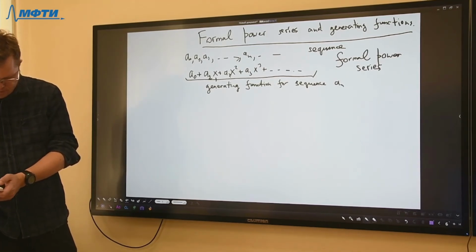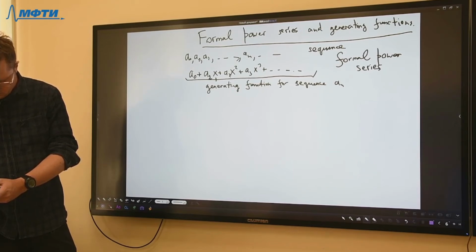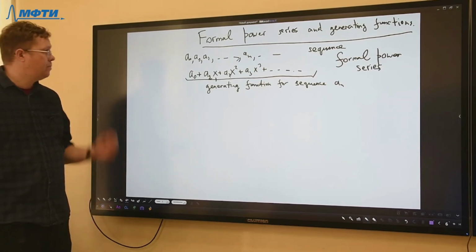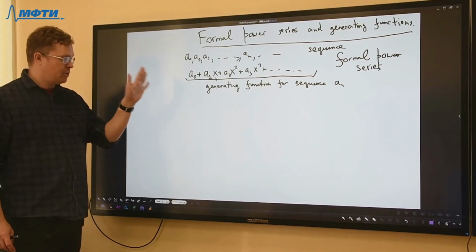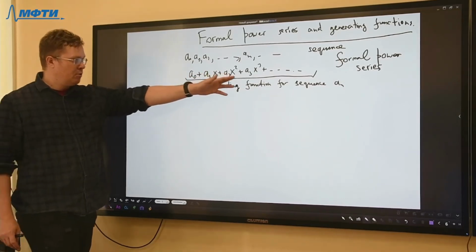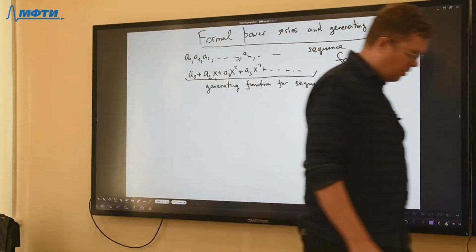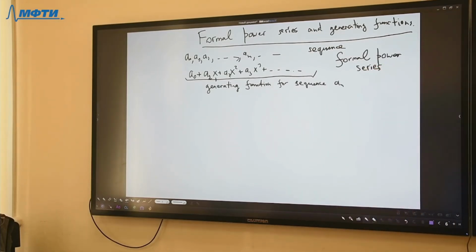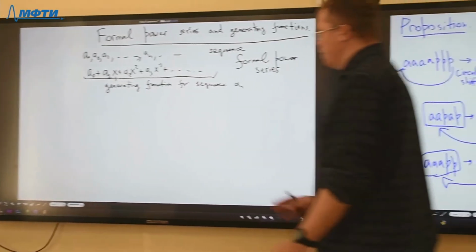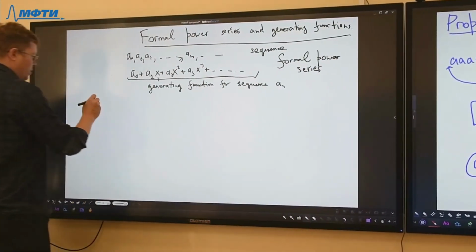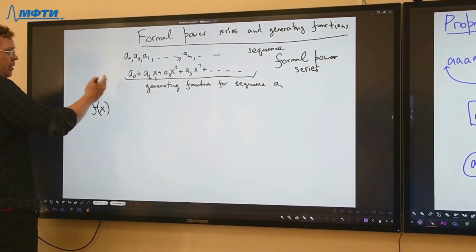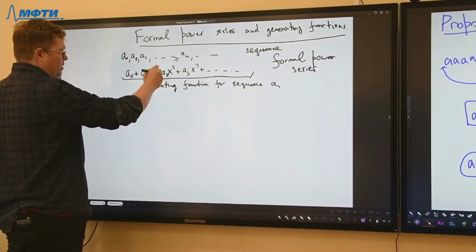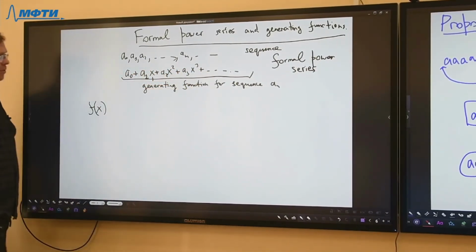I don't know how deeply we've spoken about polynomials. This is similar to polynomials, except you have an infinite number of powers of x with non-zero coefficients. But the idea is the same. So the formal power series is just a formal summation of these monomials.